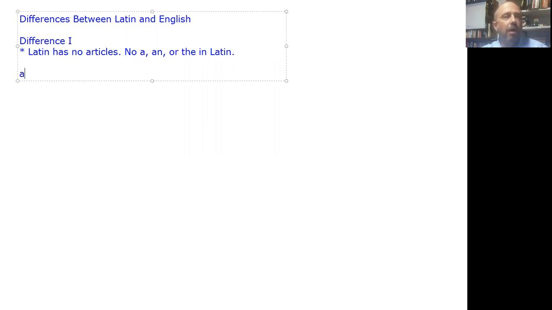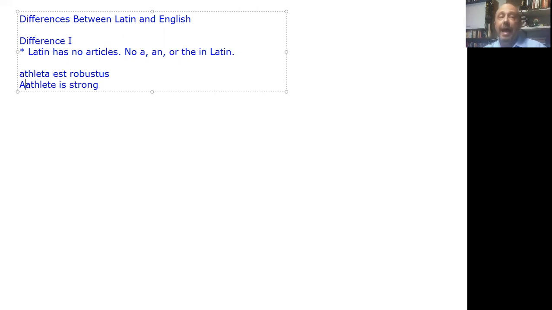So for example, the Latin word athleta means athlete. In the sentence athleta est robustus, if I translate this into English literally, I get athlete is strong, which doesn't really work in English. I have to add an article.